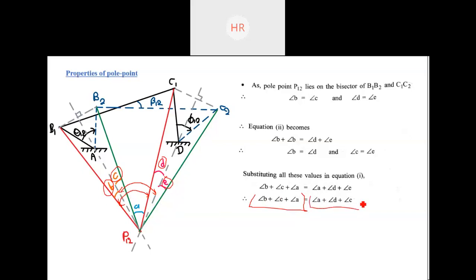Now ADC कौन सा एंगल है? Let me clear all these things so you can better understand. ADC means this much angle. If you look at this angle, it is actually the angle made by these perpendicular bisectors at pole points. You can see these. This is a perpendicular bisector and this is a perpendicular bisector.